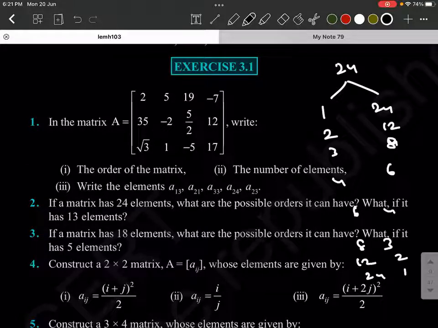So how much will be the answer? It will have 8 matrices.